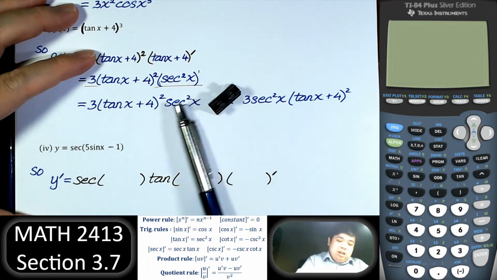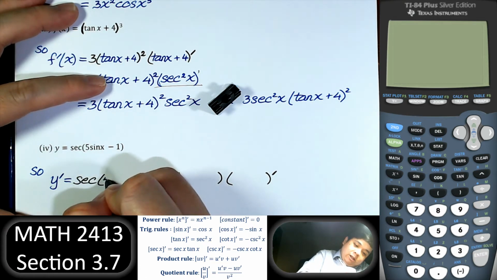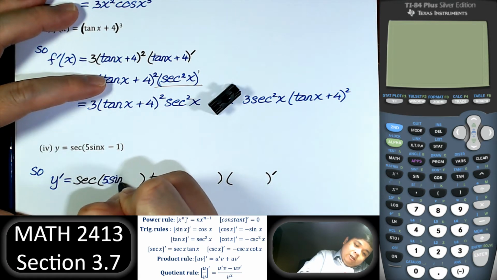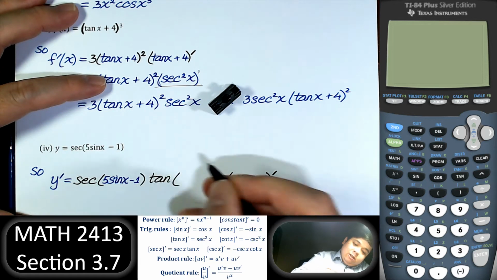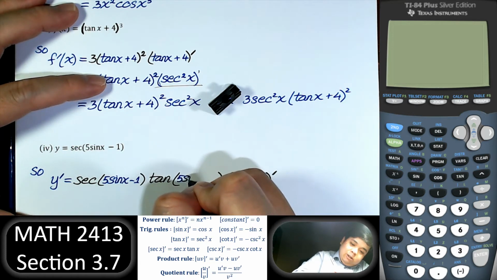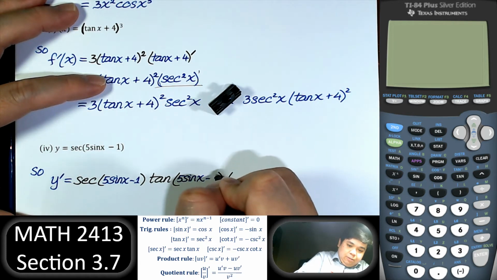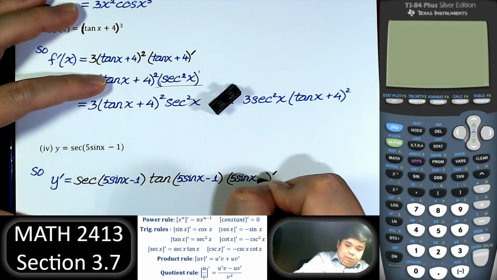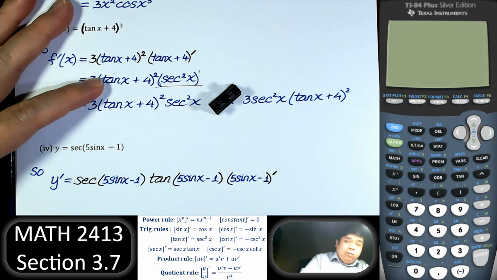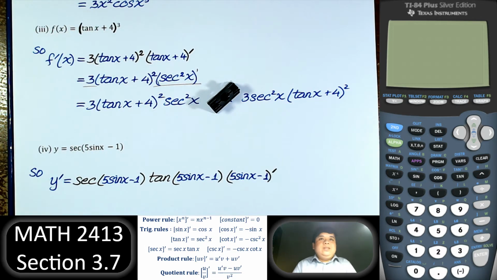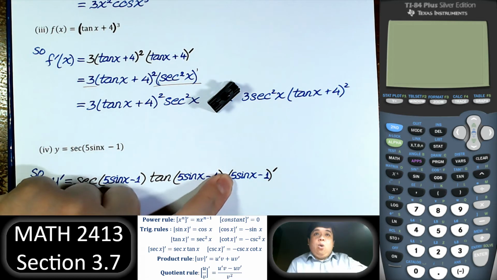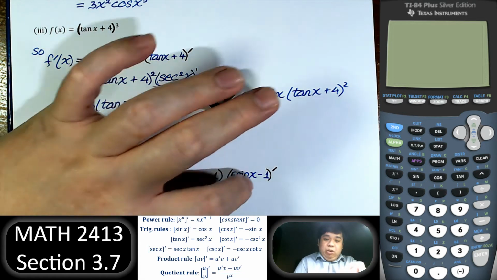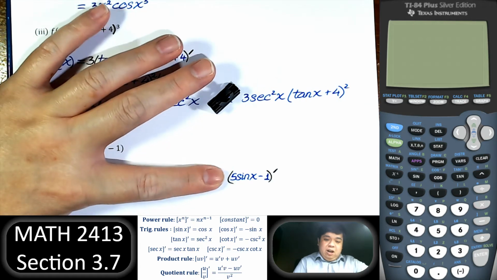Inside of that is 5 sine x minus 1. Of course there's no more derivative, only the 5 sine x minus 1 has the derivative, so we only need to take the derivative of the last one.